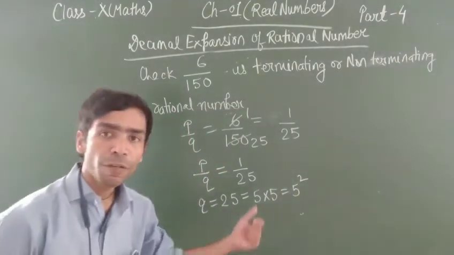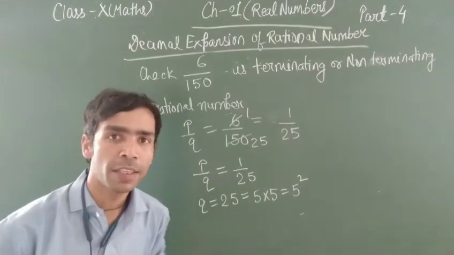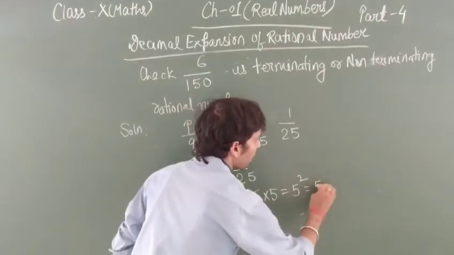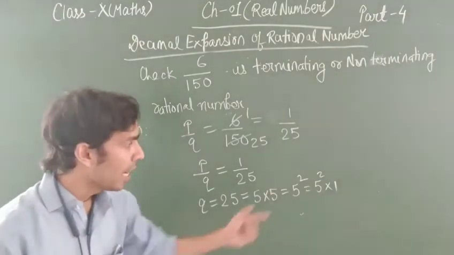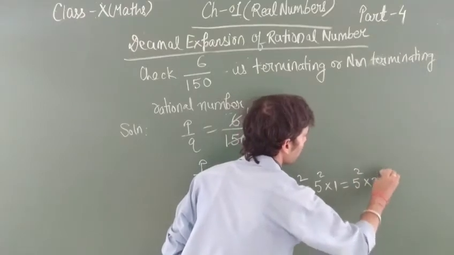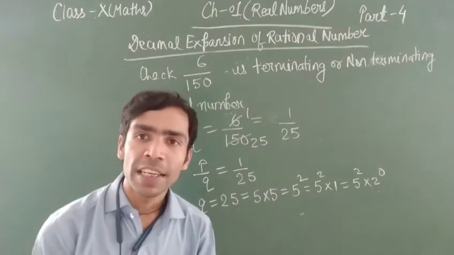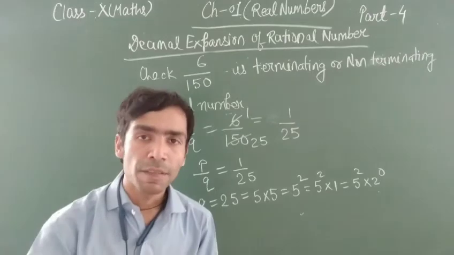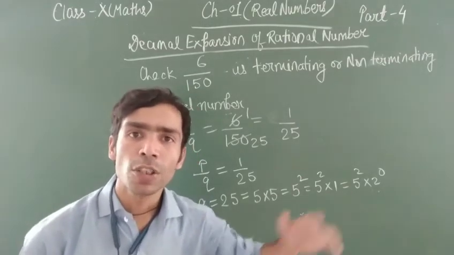Now you can see only 5 is coming, and I told you if only 5 is coming, then it will be terminating. 2 is not coming, so this can also be written as 5 square into 1, and that 1 can be written as 2 to power 0, because if the power of any number is 0, its value is 1. We know this concept from the laws of exponents.